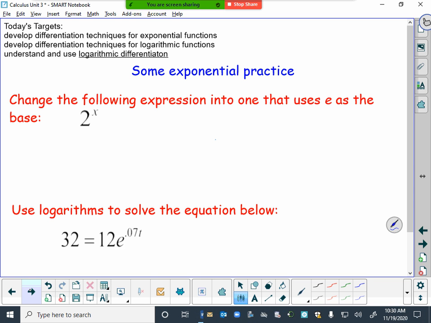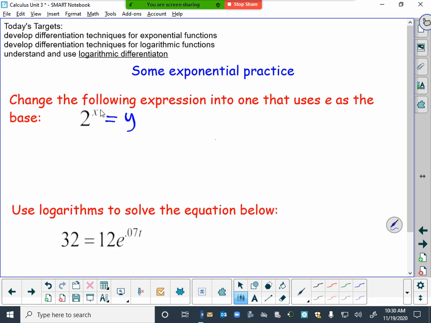I never totally remembered the change of base formula, but I remembered a process, and I'm going to demonstrate that process. So if I want to write this as something that uses e as a base, I'm going to give it a name. My name for 2 to the x is going to be y. Now I'm going to solve for x.